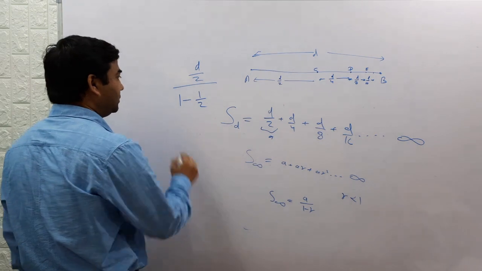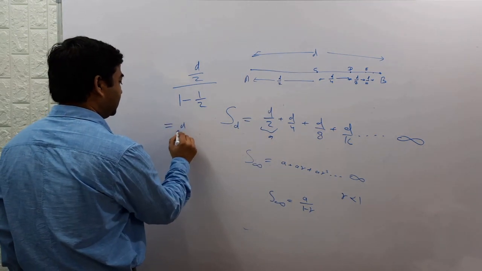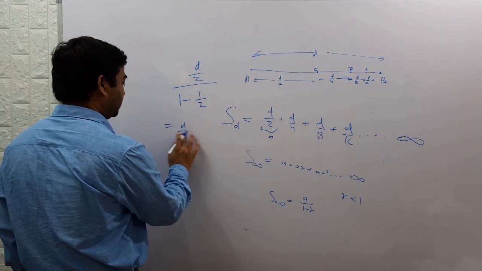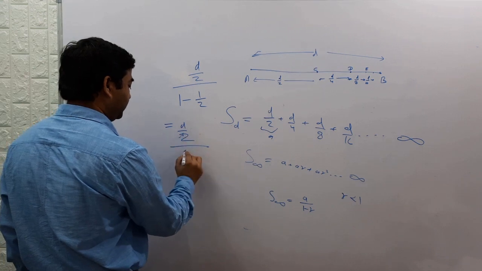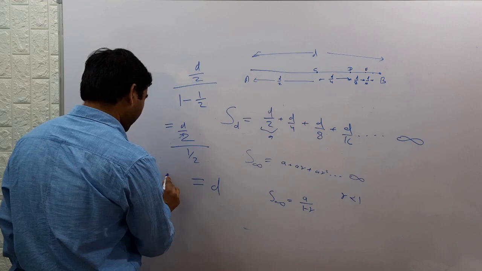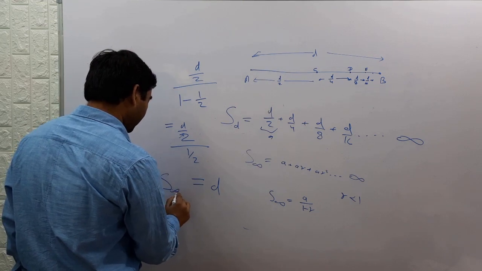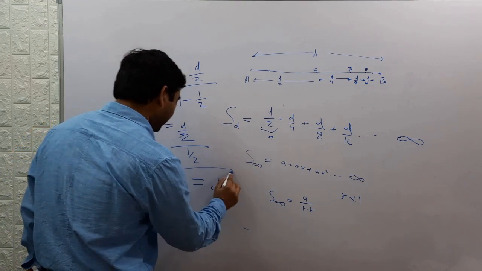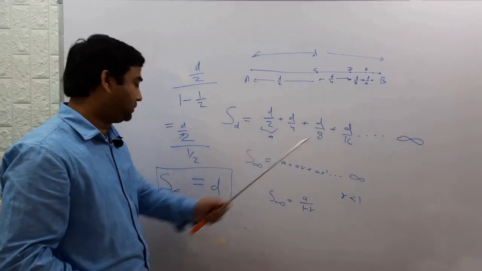So D by 2 divided by 1 by 2 is equal to D. So the infinite summation of these steps is equal to D.